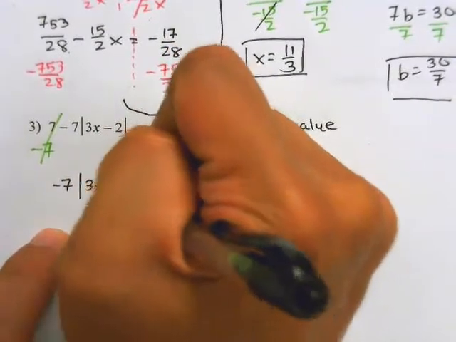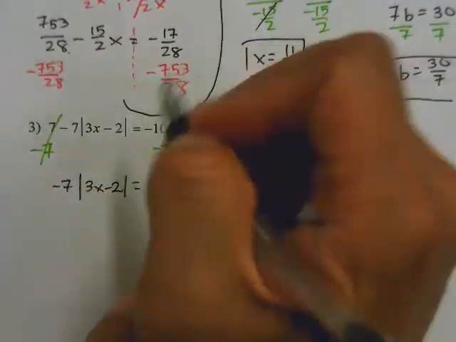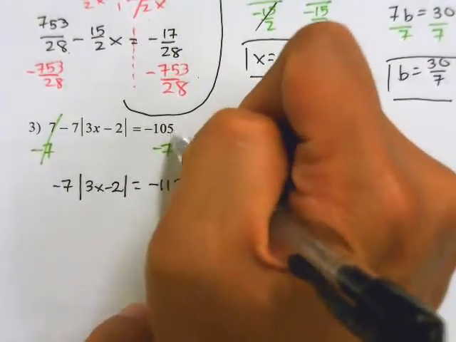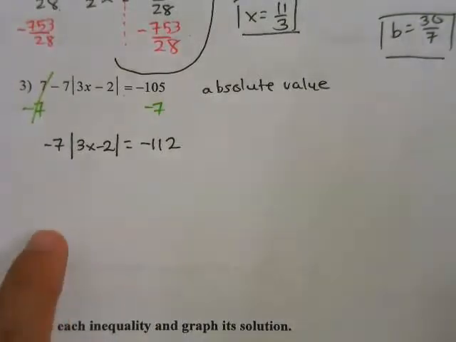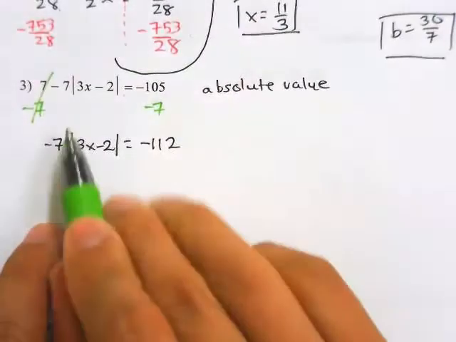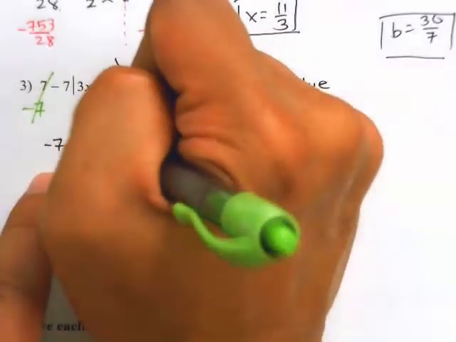Okay, so this is negative 7, absolute value of 3x minus 2 is equal to negative 112. Okay, negative 105 minus 7, negative 112. I do want to remind you that this is a multiplication. This does not work like a parenthesis, so do not distribute.